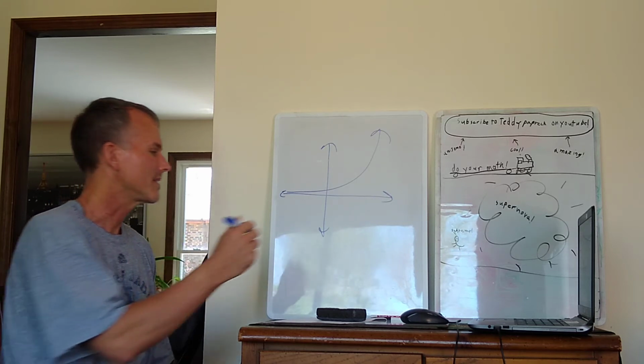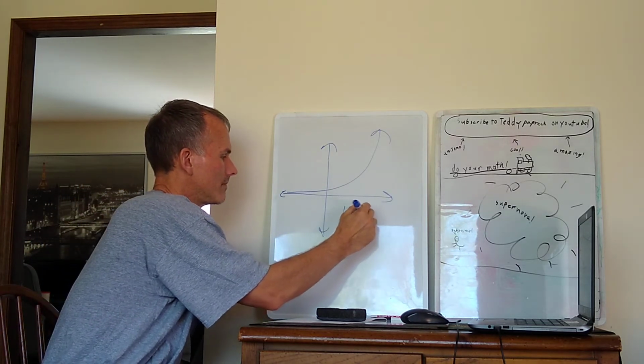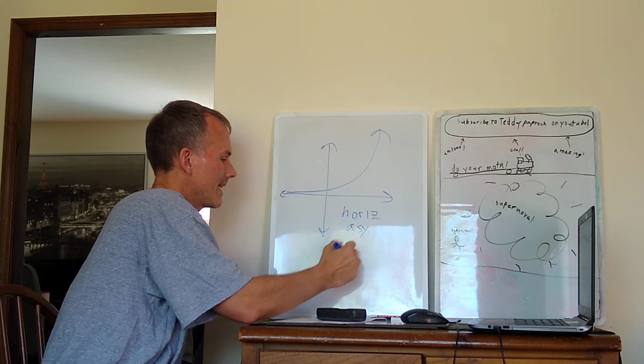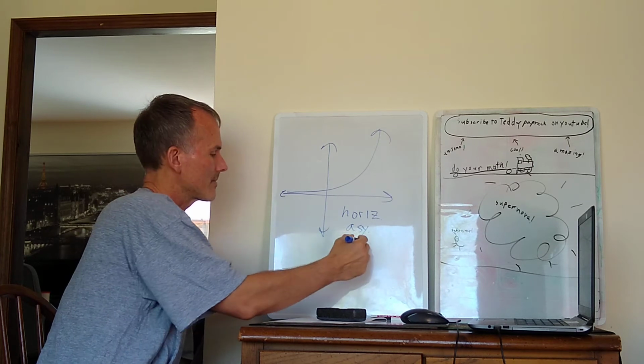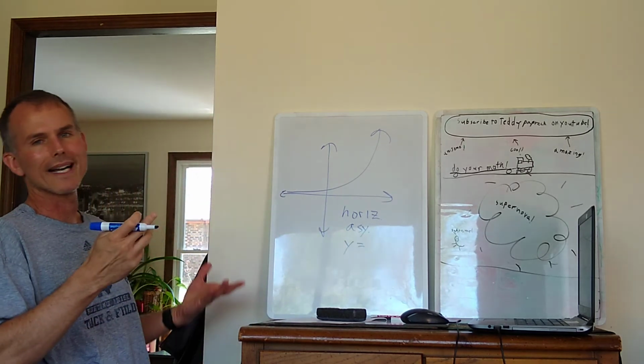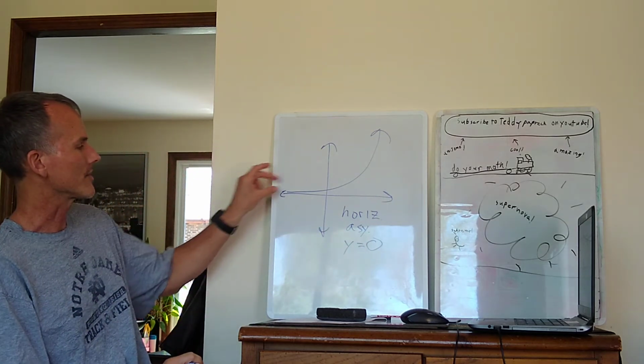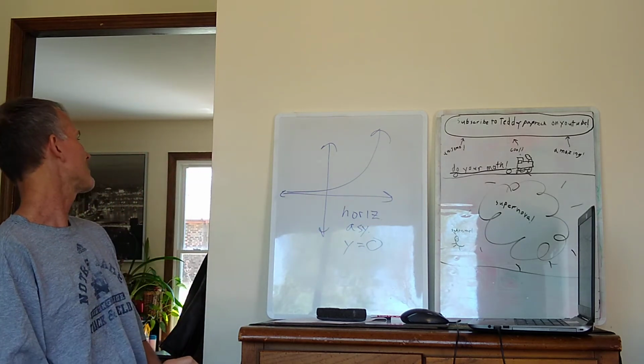So we would say that this has a horizontal asymptote, and remember, the equation of any horizontal line is y equals a number. In this case, it would be y equals 0. So y equals 0 is the horizontal asymptote for that graph.